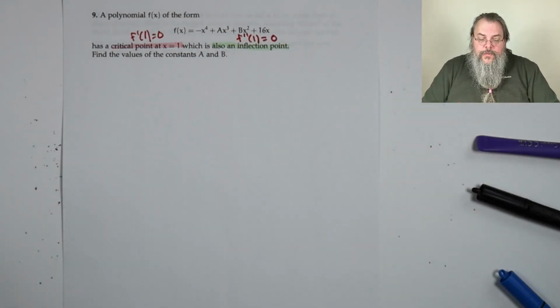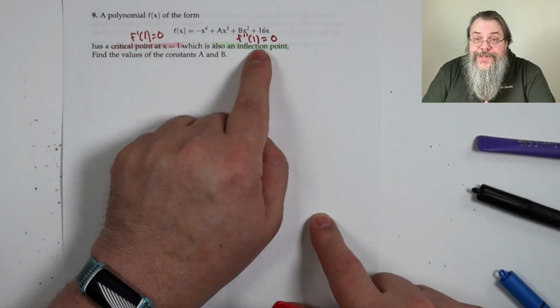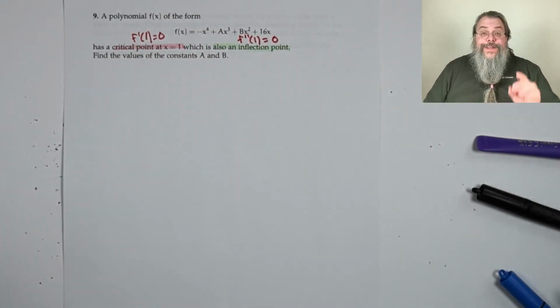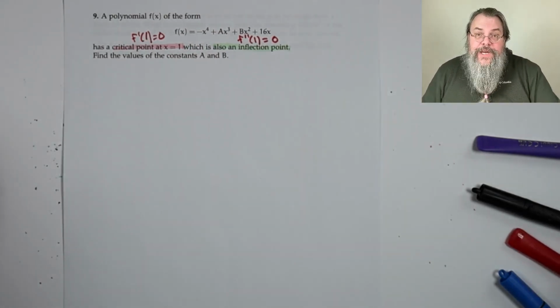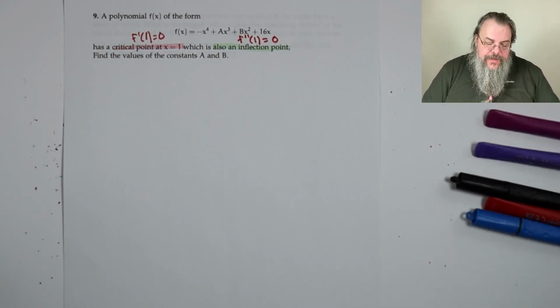So we have, lo and behold, 2 pieces of information, and we have 2 things we're solving for. That sounds like a match made in mathematical heaven. So let's go ahead and start digging into this.